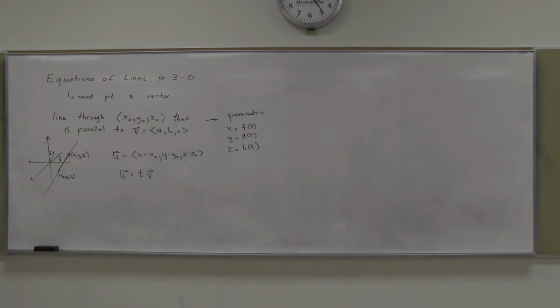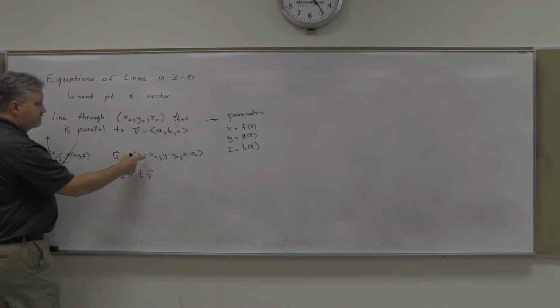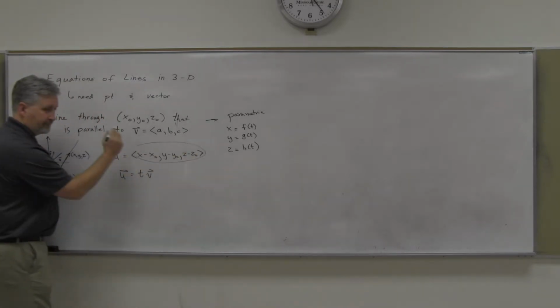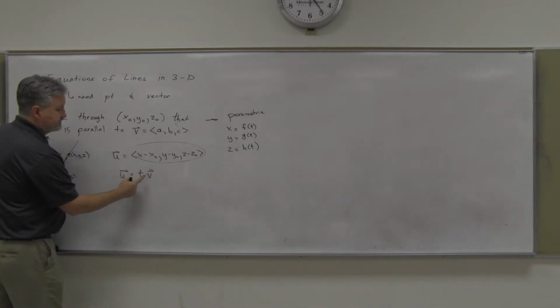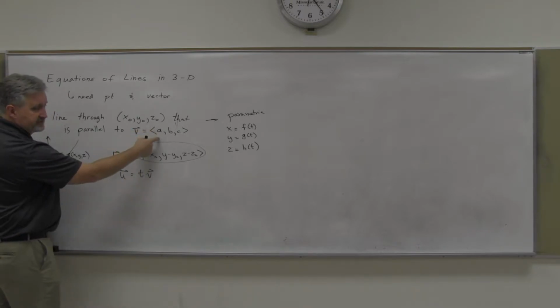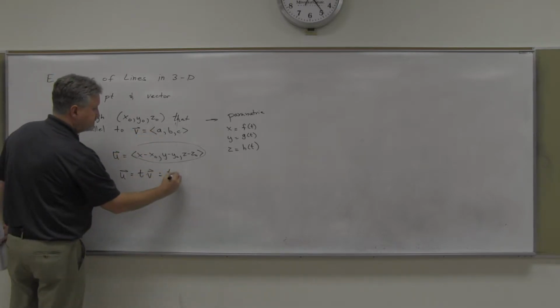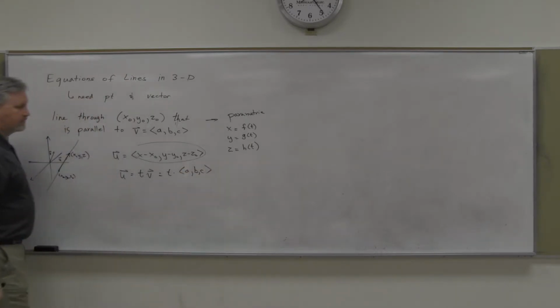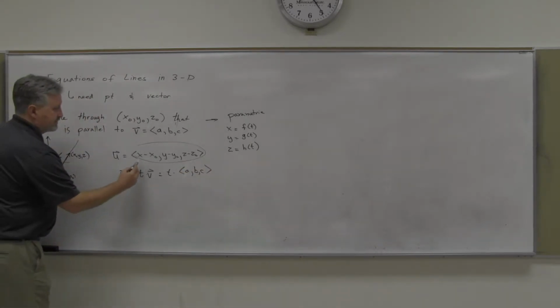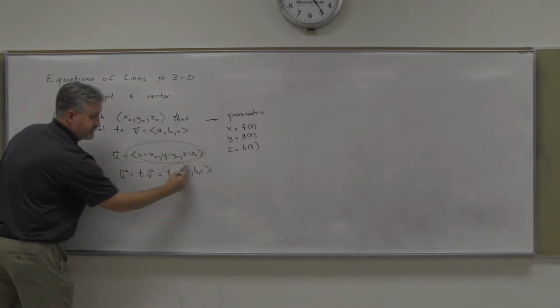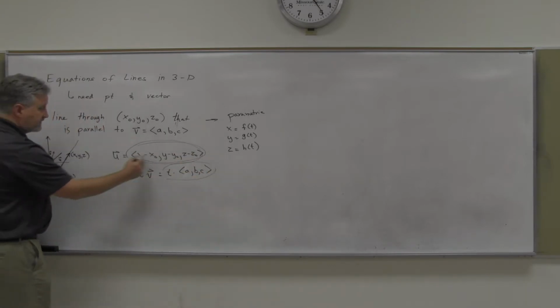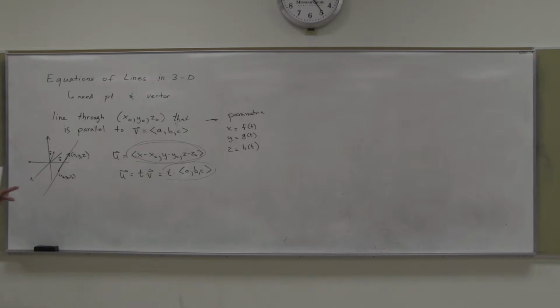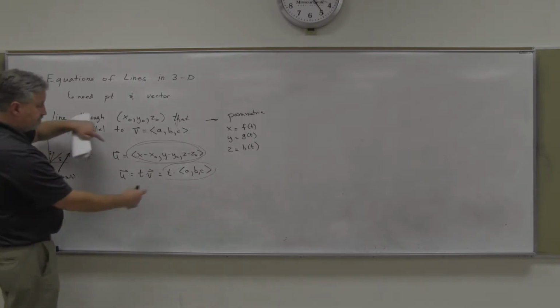But what that also then does, all right, so this is u, right? And then t times v, all right, so v is this. And so we've got this is equal to this, right? And so that just sets up several equations.